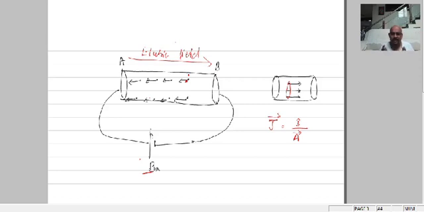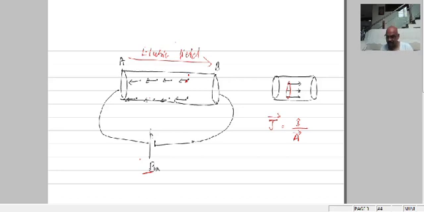Now it has some tendency to move towards the positive end of the conductor. While moving towards the positive end, it encounters other ions, positive ions, the lattice I told you about, and it also encounters other electrons. It collides. There is a collision happening.